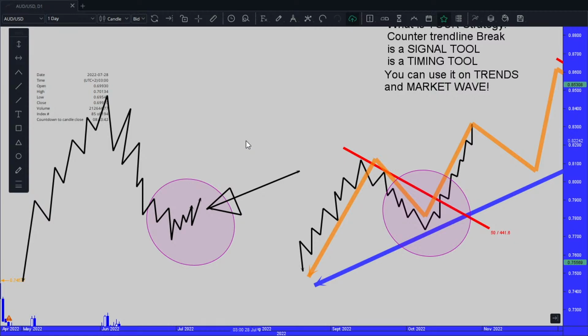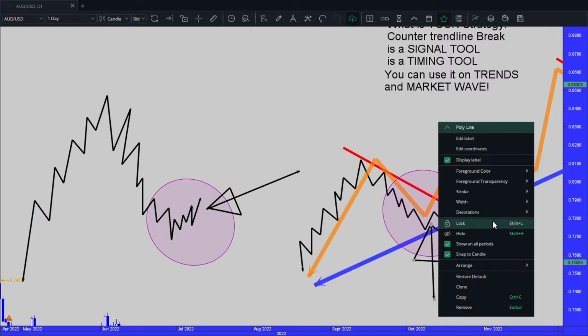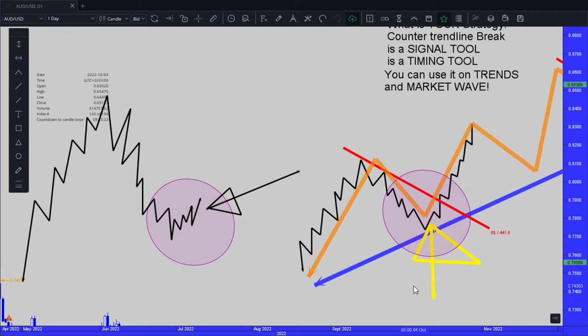If you are going to put in your strategy that you are going to enter with the counter trend line break, then you must obey your strategy. You cannot enter here, everybody. Yellow. This one. You cannot enter here anymore. This would be wrong. Why would be wrong? Because you have rules to follow.